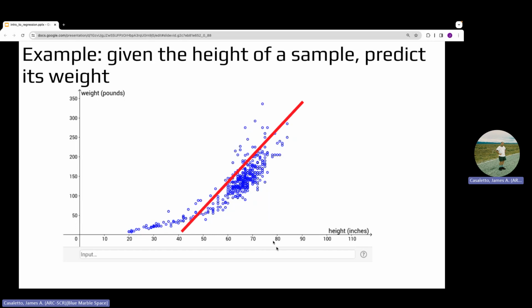One way to do this is to try to find a line that fits the data. We can draw such a line and represent it using the familiar y equals mx plus b notation, where y in this case is the weight we're trying to predict, and x in this case is the height. The value m represents the slope of the line, and the value b represents the y-intercept when x equals 0.